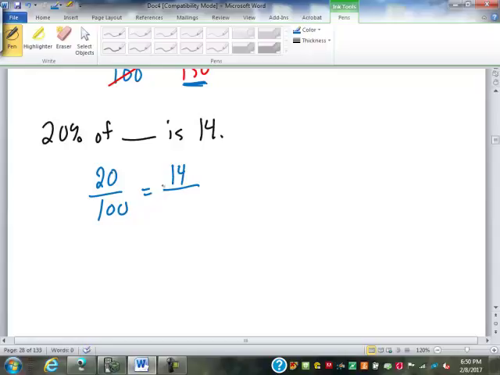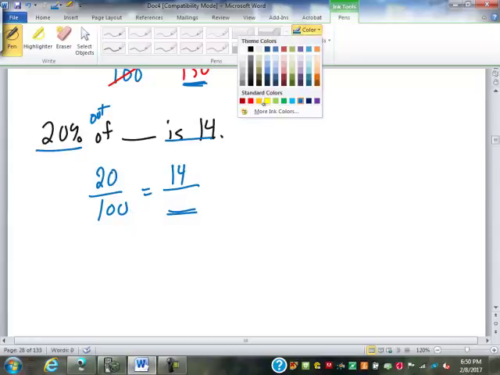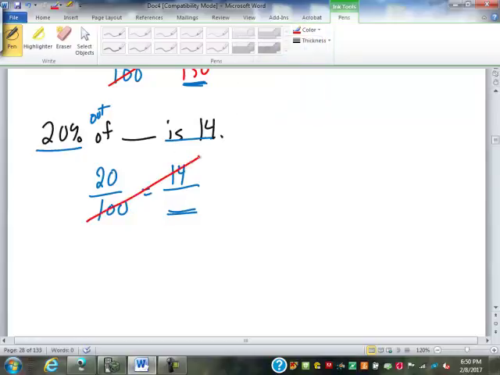It's going to go on top. We have of blank. If you read that as out of blank, implies that the missing number has to go on bottom. Or you can read it like this. 20% is 14. It seems to imply that 20% is linked with the 14. So then we cross multiply and divide. 100 times 14 is 1400. Divided by the 20 is 70.